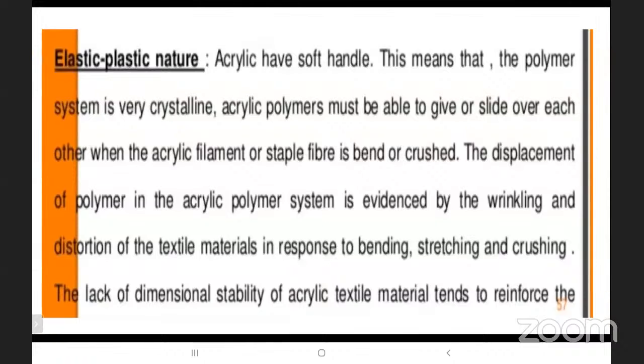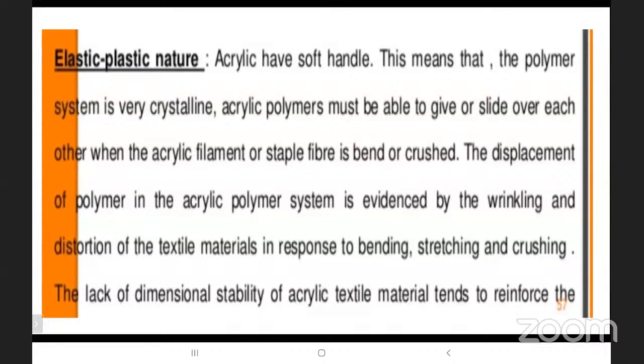So here, the polymer system is very crystalline, and the polymers slide over each other when the fiber is bent or crushed.